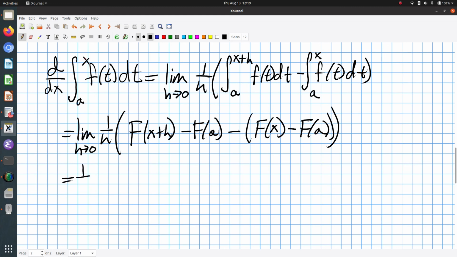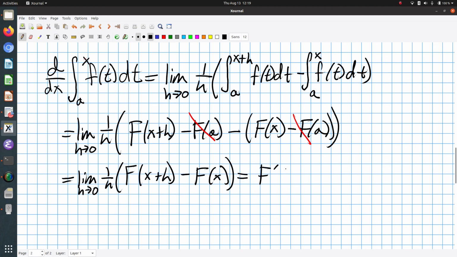And with a little bit of simplification, you should notice right away that the F of a terms cancel, and we're left with this expression. And what do you know? This is capital F prime. And since we knew that was an antiderivative, it gives us f of x. So just as we wanted. And that's the end of the proof. So this establishes the second part of the fundamental theorem of calculus.